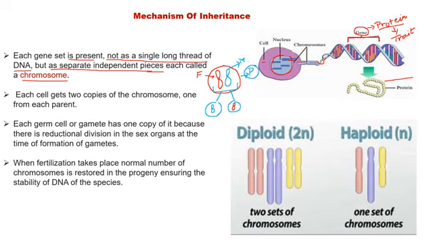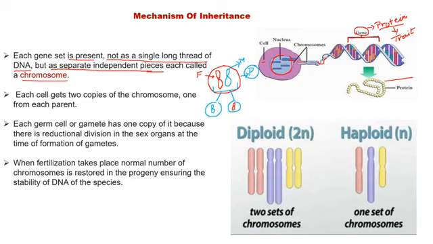That is, one chromosome from father will go to one gamete, and in another gamete the different chromosome which the progeny got from his mother will enter. Okay, so this is what is happening.